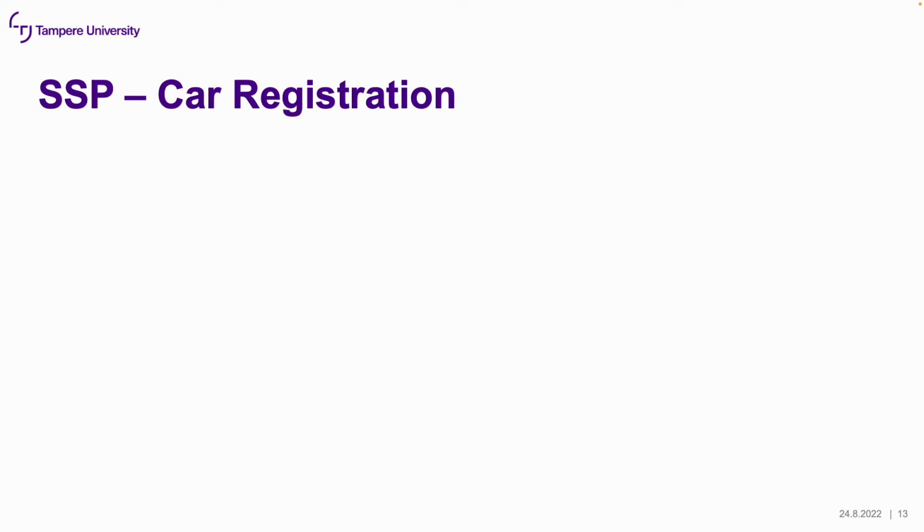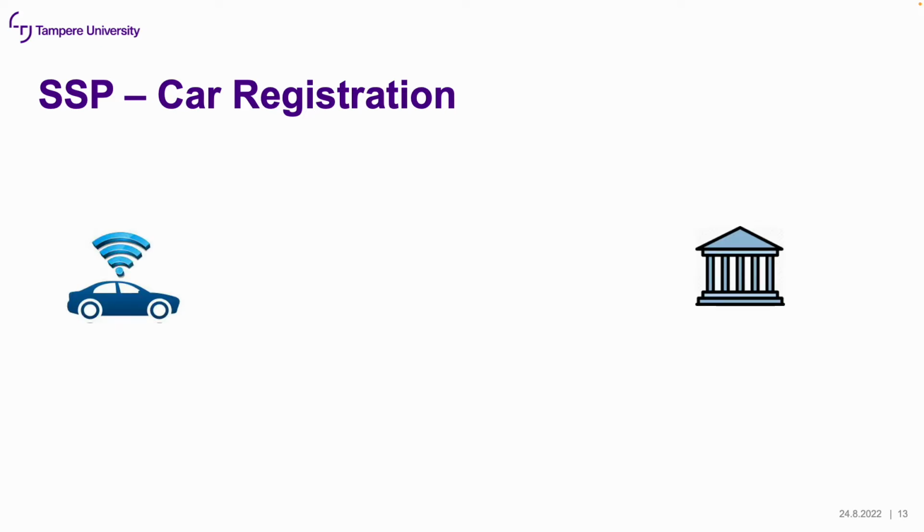Now that we are done with the algorithms, I'll try and break down the use case into 3 stages or 3 phases. We have the car registration phase, which has a car and a KGC. The car generates its own secret value, X, and public key, PI, and sends its identity and public key to the key generation center.